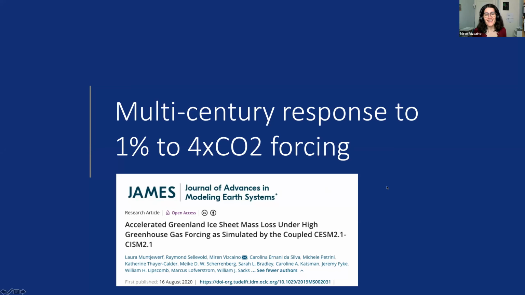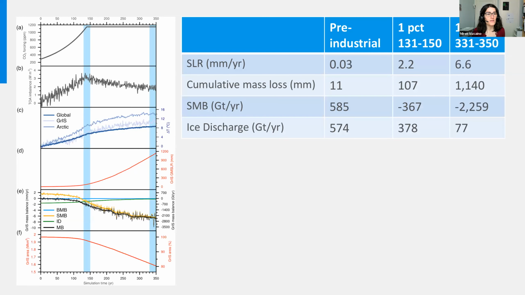So let's look beyond 1 century now. So we go back to the 1% CO2 to 4 times, and we are going to look here at 3 centuries. So we are increasing CO2 up to 4 times, and we are going to look at this period here at the time of stabilizing CO2, and then after 2 more centuries.